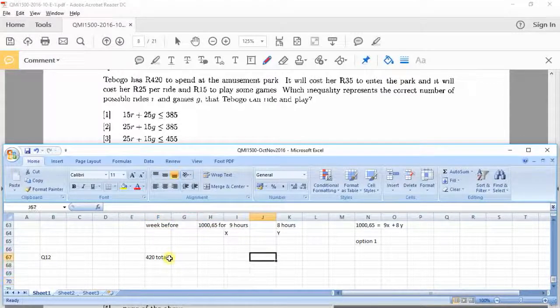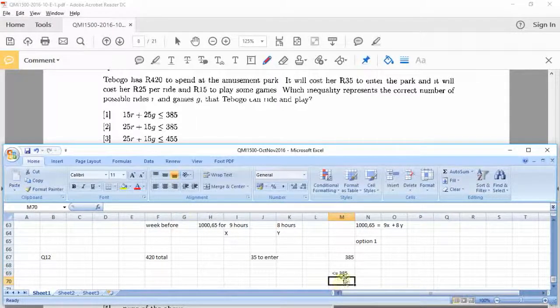So 35 to enter. So what does she have left afterwards? It'll be 420 minus 35. 385. So that's how much she has left over for rides and for games. Rides is 25R plus games is 15G, and that must be less than or equal to what she has left, the 385.